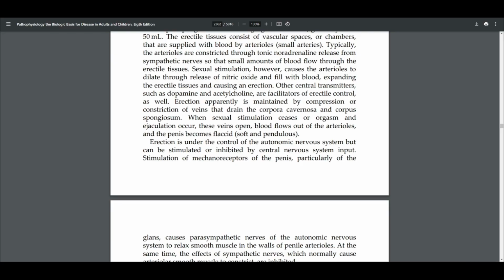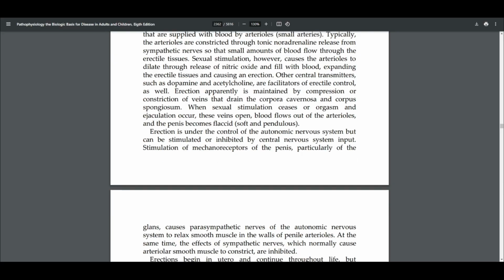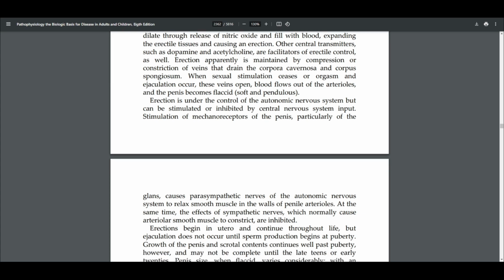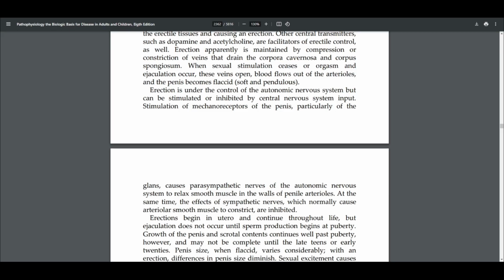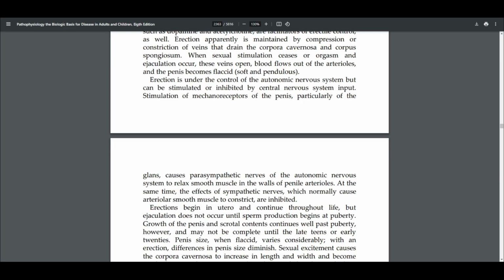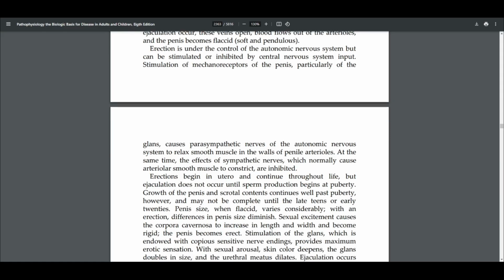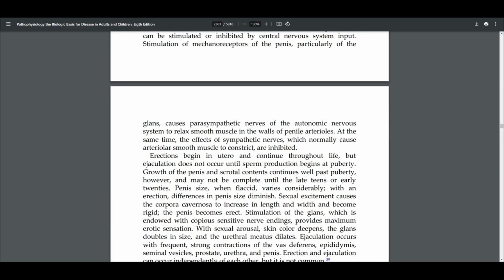Erection is under control of the autonomic nervous system, but can be stimulated or inhibited by central nervous system input. Stimulation of mechanoreceptors of the penis, particularly of the glans, causes parasympathetic nerves of the autonomic nervous system to relax smooth muscle in the walls of the penile arterioles. At the same time, the effects of the sympathetic nerves, which normally cause arterial smooth muscle to constrict, are inhibited.